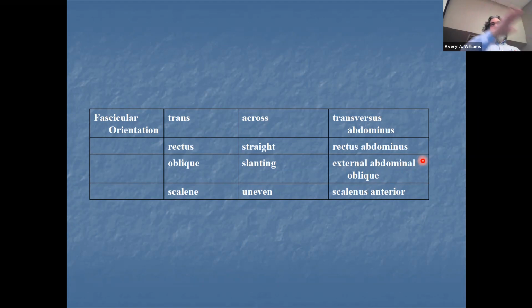So if you dissect away each layer, I get 4 layers: transversus abdominis, rectus abdominis, external abdominal oblique, internal abdominal oblique. You can distinguish one from the other by the direction of the muscle fibers. Fascicular orientation.